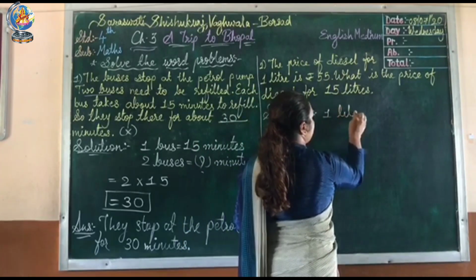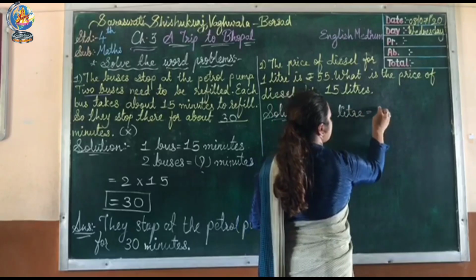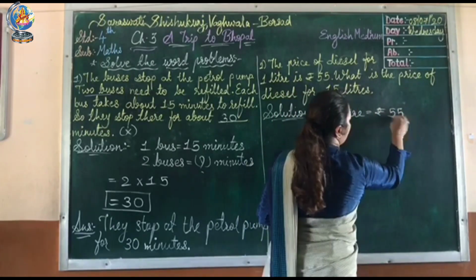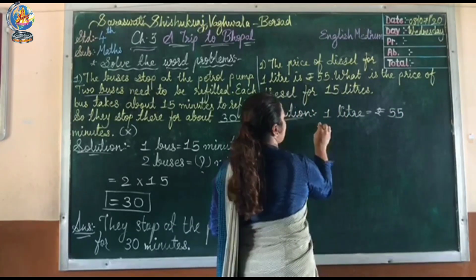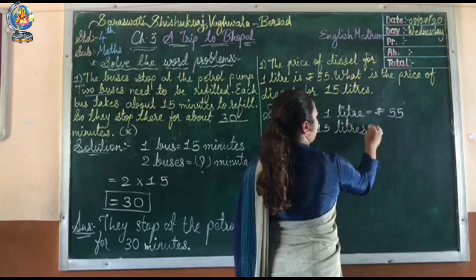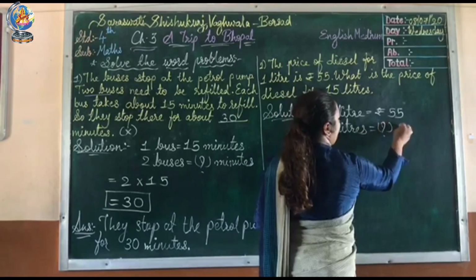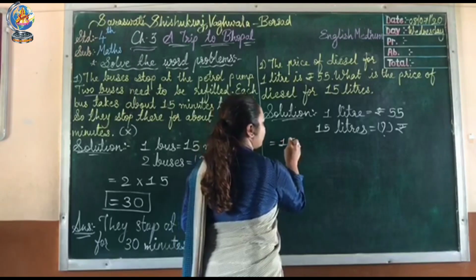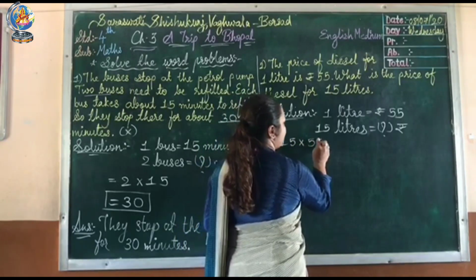One liter is equal to rupees 55. Okay, so 15 liters is equal to how many rupees? Is equal to 15 multiplied by 55.